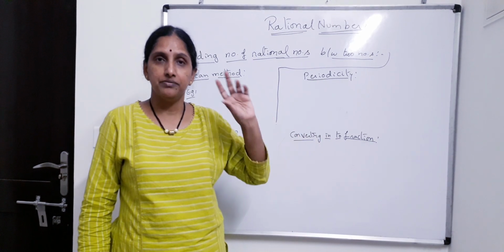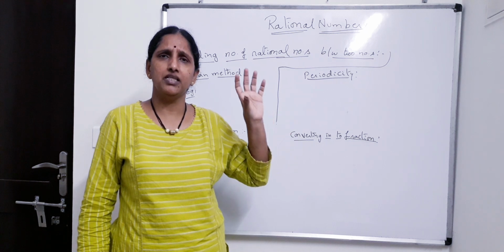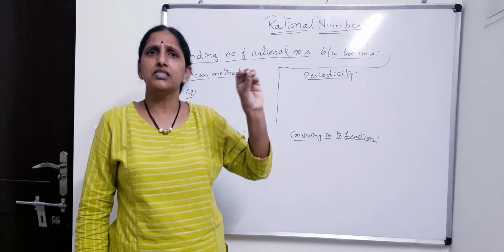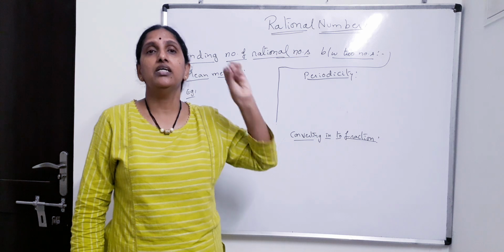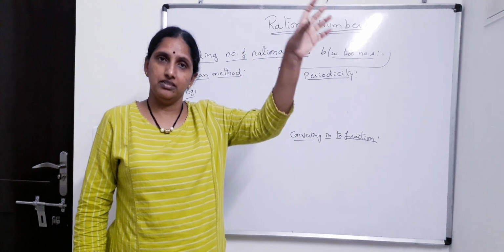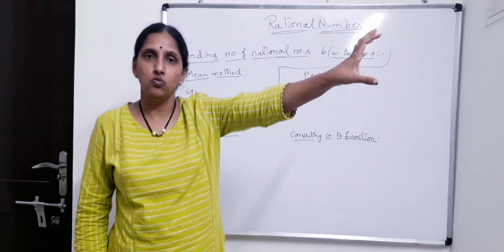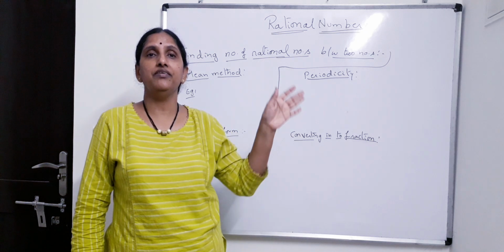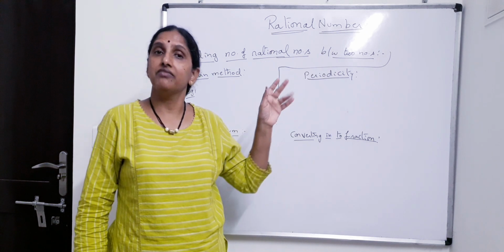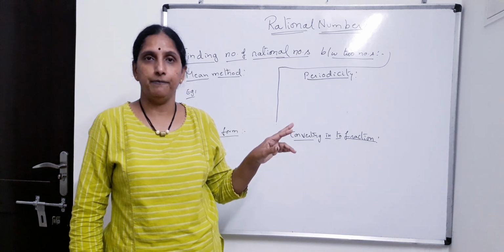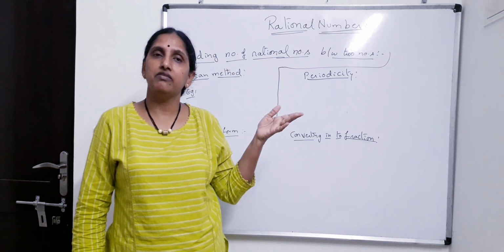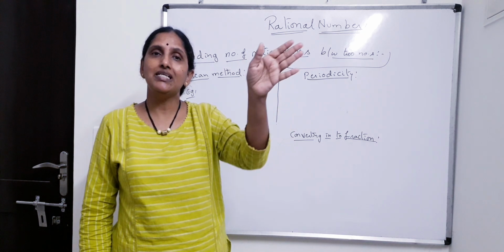We try to divide and multiply the given rational number with some other number so that we get a ratio equal to 1. We took the example of 2 by 3. To make it 1, it could be 6 by 6.